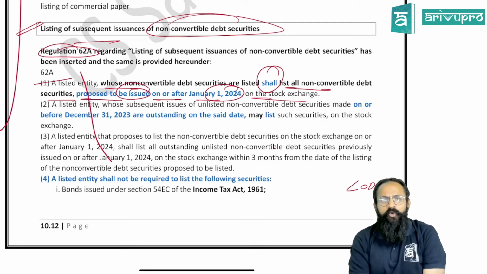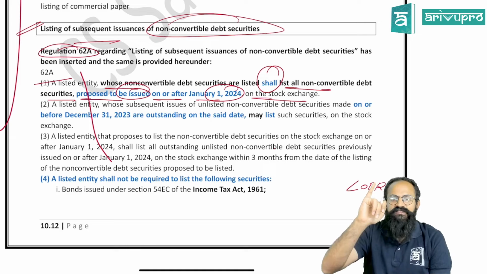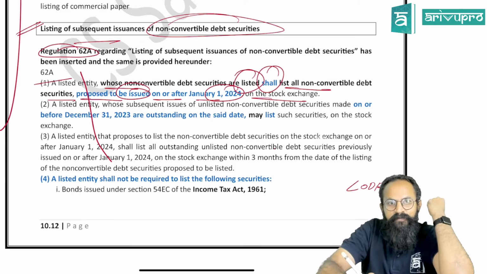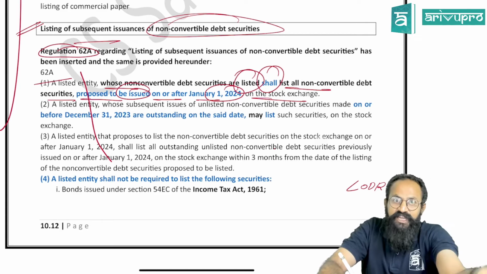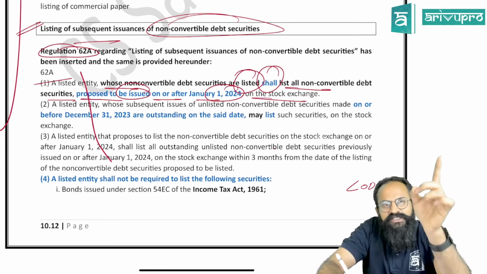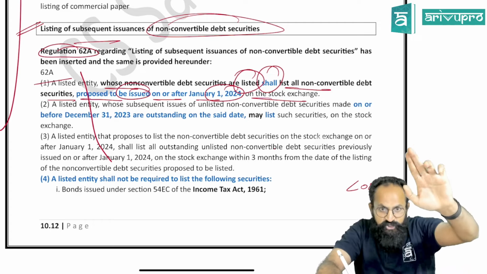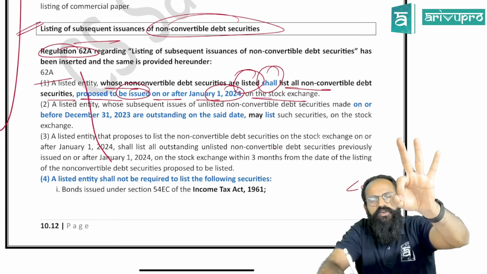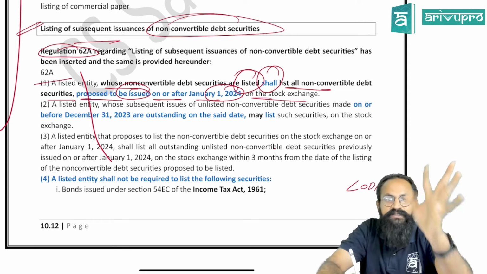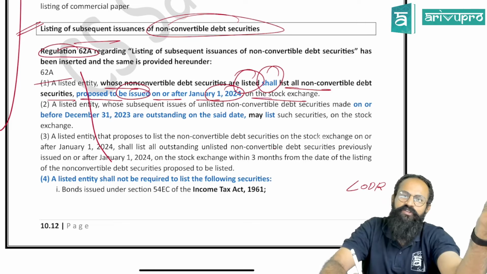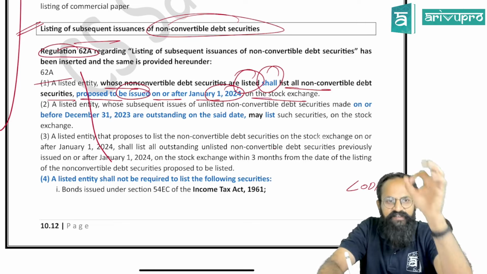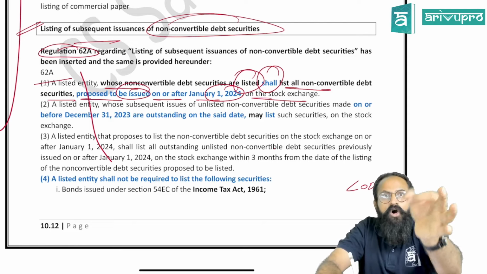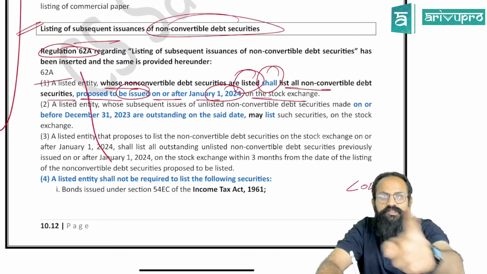An entity that has already issued non-convertible debt securities, and those are already listed, then subsequently, on or after January 1st, 2024, if you are issuing any new non-convertible debt securities, they should be mandatorily listed. If you already have your securities listed, new securities have to be mandatorily listed. When, sir? Anything issued on or after Jan 1st, 2024.